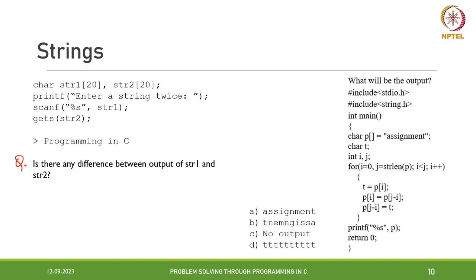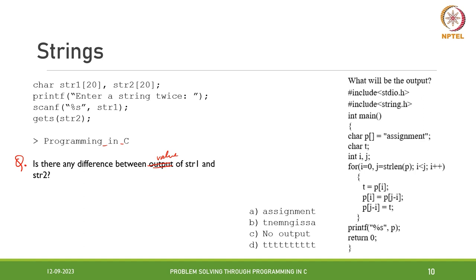I have str1 and str2 with a capacity of 20 characters each, and I am inputting once using the scanf function and once using the gets function. What is the user inputting? Programming in C, with blank spaces as well. Is there any difference between the value of str1 and str2?